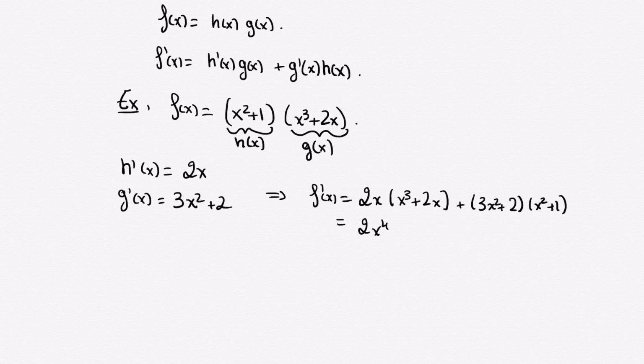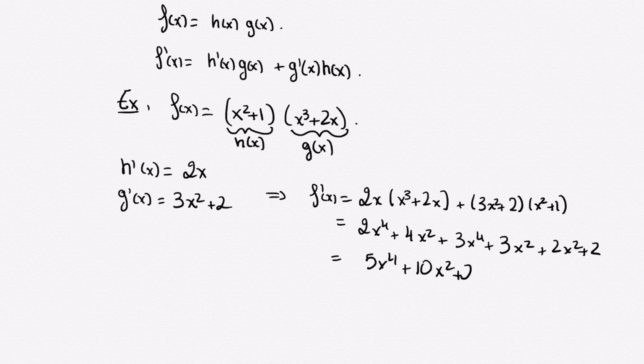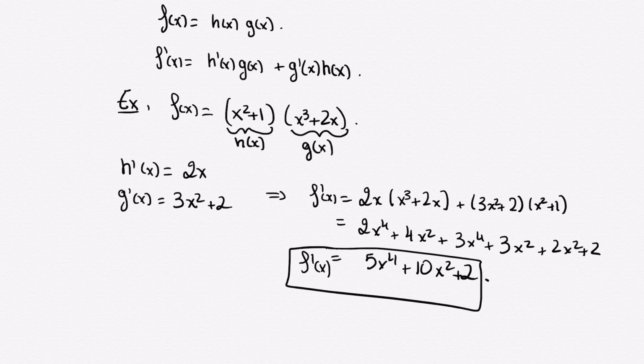So this is equal to 2x to the 4 plus 4x squared plus 3x to the 4 plus 3x squared plus 2x squared plus 2. So this is equal to 5x to the 4 plus 10x squared plus 2. So this is our f prime of x.